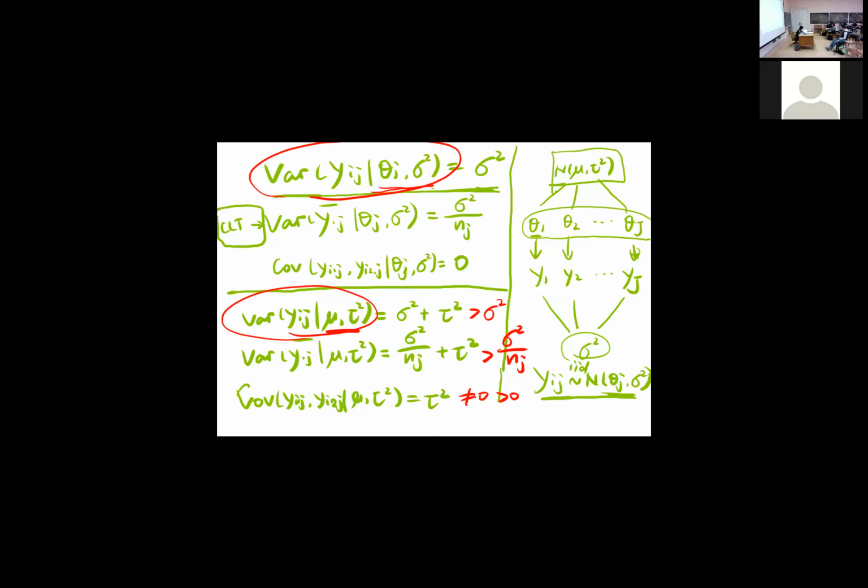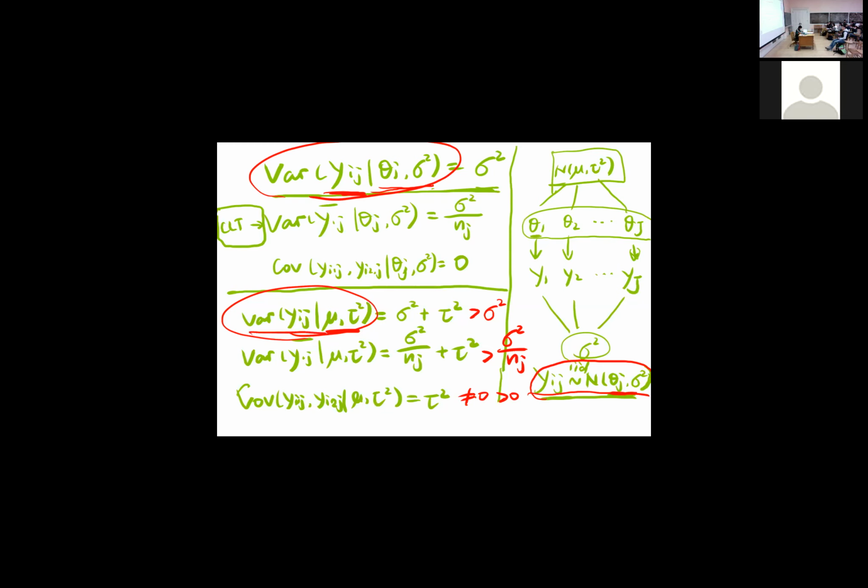To guide your intuition, you can interpret the first, which is this one, as the variability of all of the yi's when you're sampling from a fixed group. So this is what that is. You're sampling from a fixed group, because you're conditioning on the group mean and the variance.